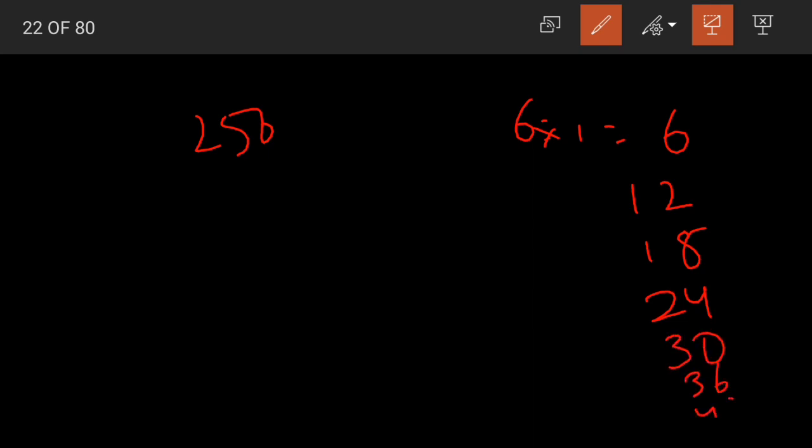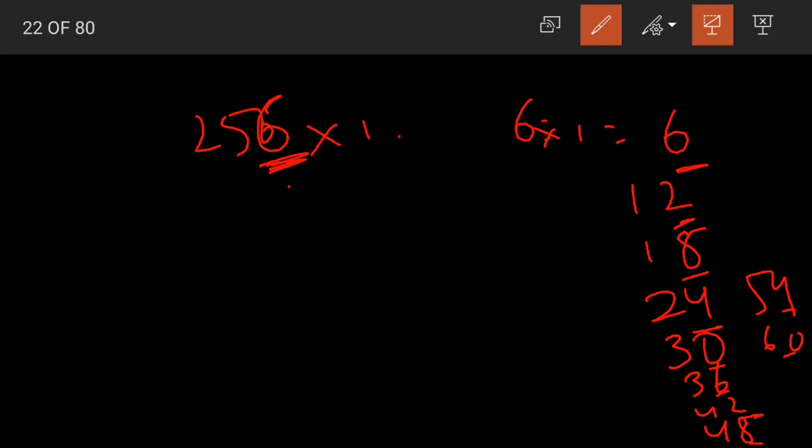Let me write it quickly here. Now what are you observing? All the multiples of 6 are even numbers. Yes or no? See, they are having 0, 2, 4, 6, 8 in the ones place. Now here 256 is an even number with 6 in the ones place. So whatever number we multiply it with, it will also be an even number.